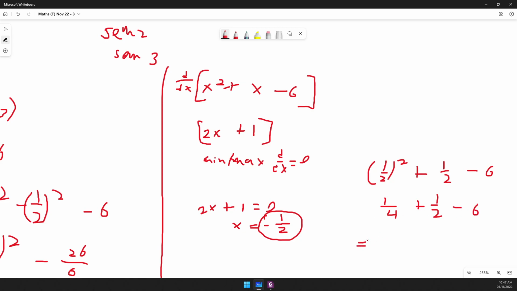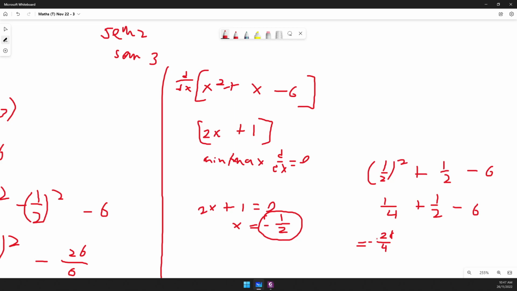How much do you get for this? I think you should get 25 over 4. Do you get that? Or do I get negative 21 over 4? 21 over 4 should be the answer.